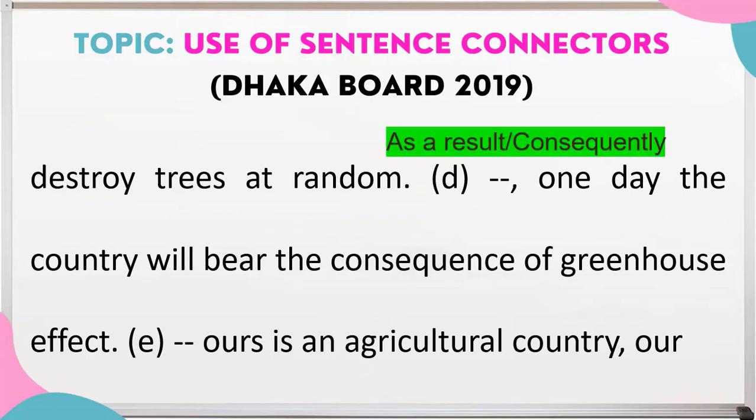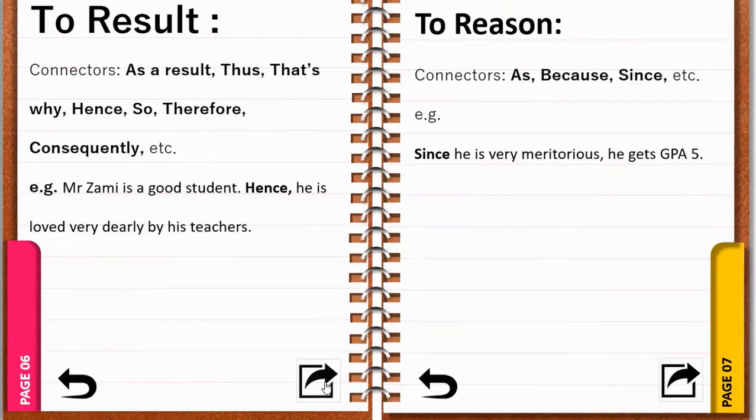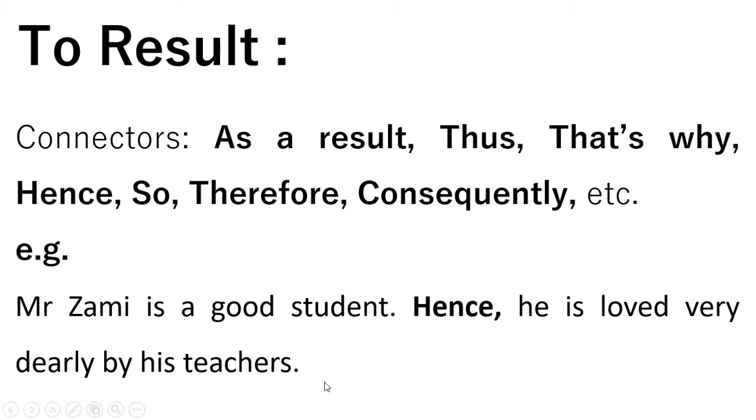As a result or consequently. Let's get into details. To show result, connectors: as a result, thus, that's why, hence, so, therefore, consequently, etc. For example, Mr. Zami is a good student, hence, he is loved very dearly by his teachers.